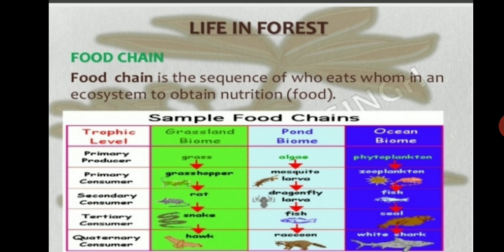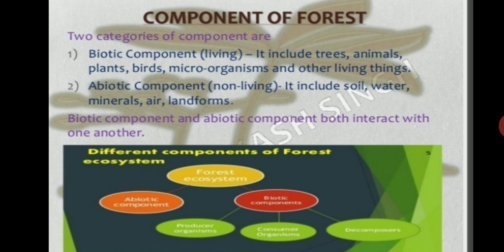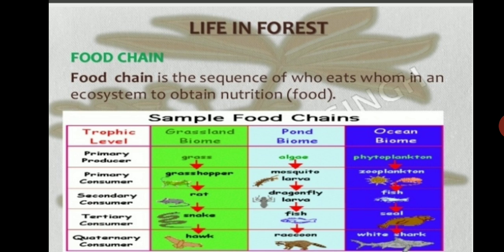So, for example, here are some food chains: grassland, pond, and ocean. In grassland, grasses are eaten by grasshoppers. Grasshoppers are eaten by rats. Rats are eaten by snakes, and snakes are eaten by hawks.